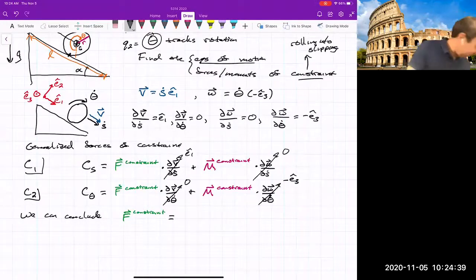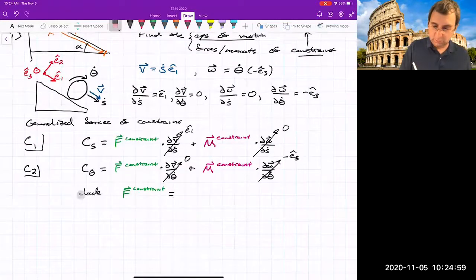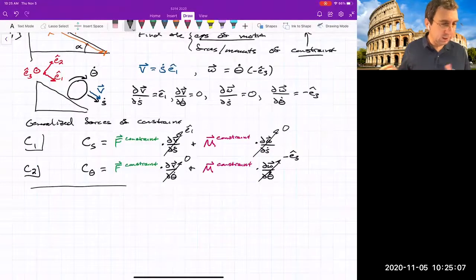I think I may have skipped something, so hold on. We may need to write Lagrange's equations. Yeah, hold on. So back up there, we have to write the Lagrange's equations.